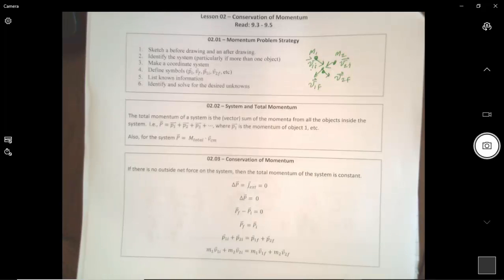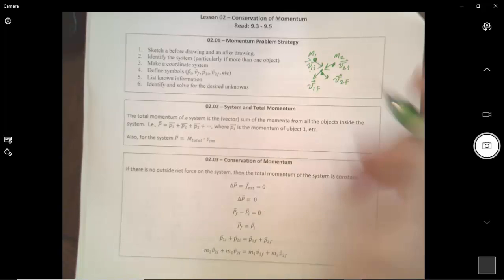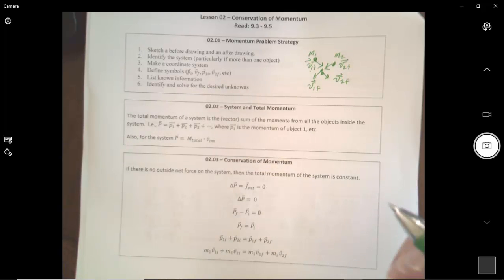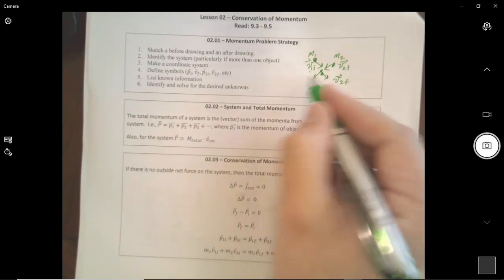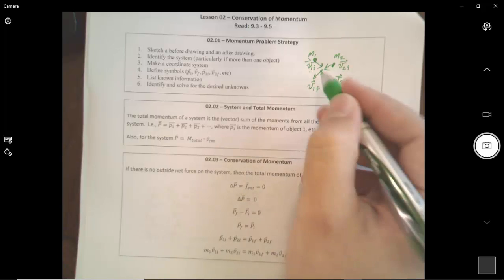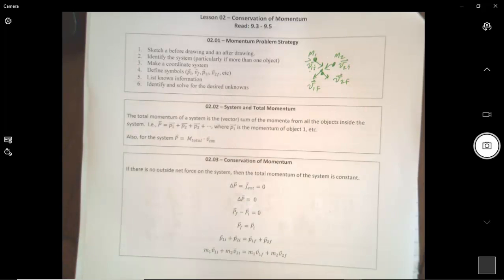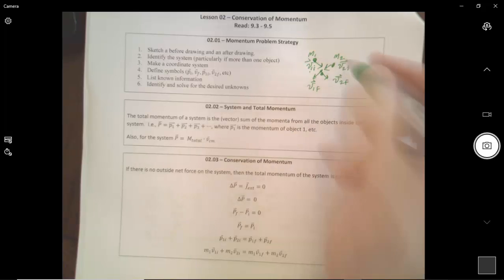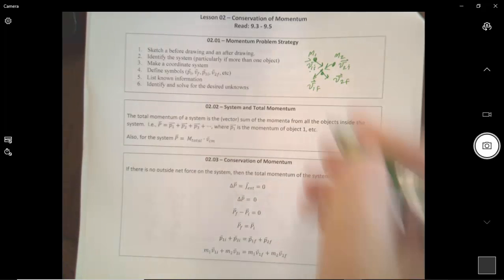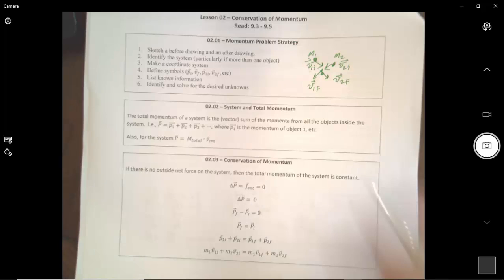Now, when we're talking about conservation of momentum, what we hope to happen is that they don't interact with an environment. So first of all, we can define what we mean by the total momentum of the system. Notice here we have an m1 and an m2, and we have their initial and final velocities.